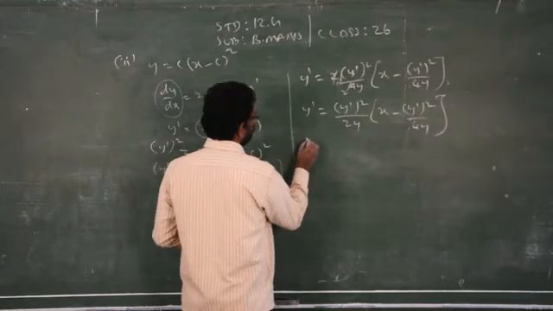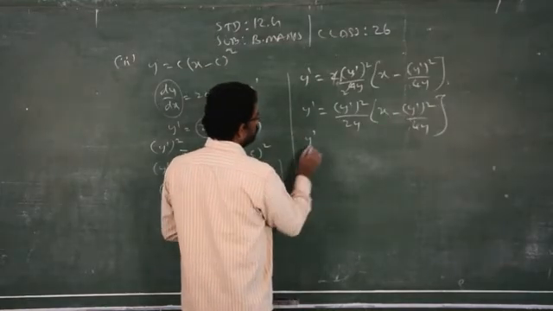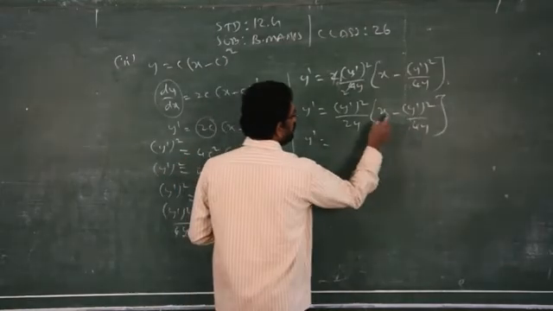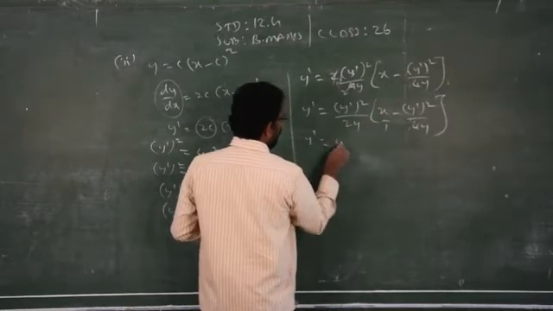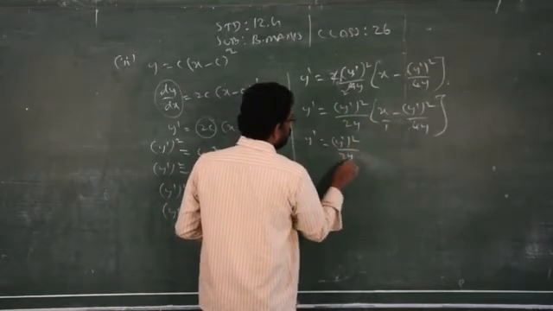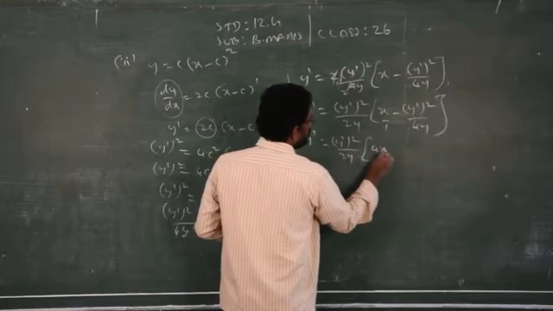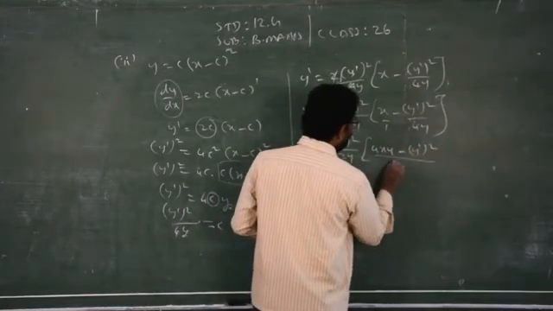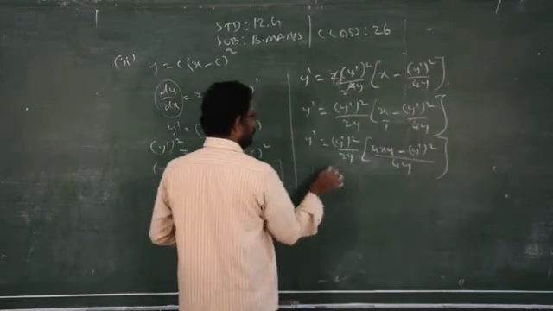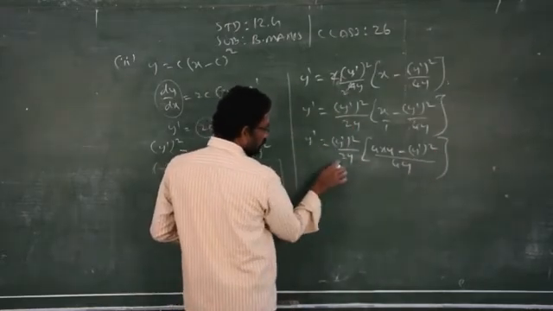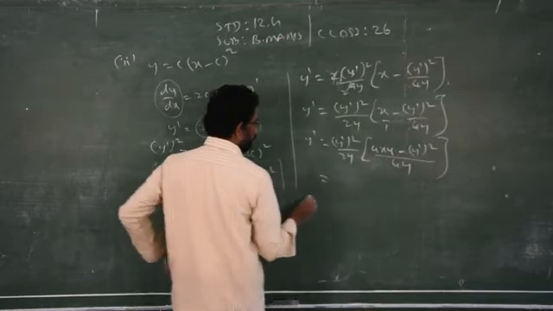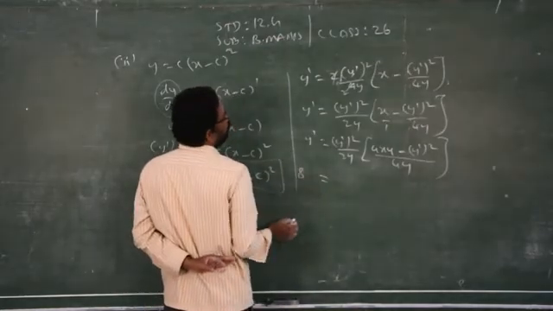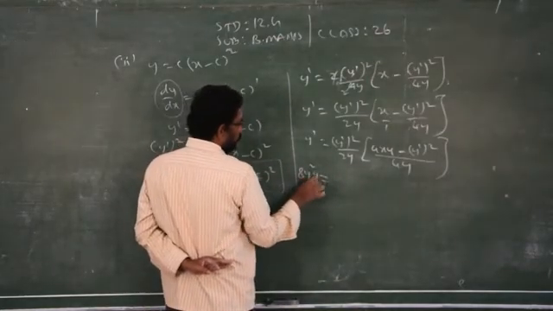Y dash is equal to, if you take LCM, y dash the whole square by 2y, into 4xy minus y dash the whole square by 4y. Take this one, 4 twos are 8, 8y square, that is 8y square y dash.